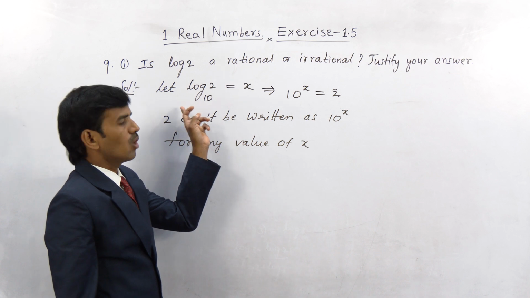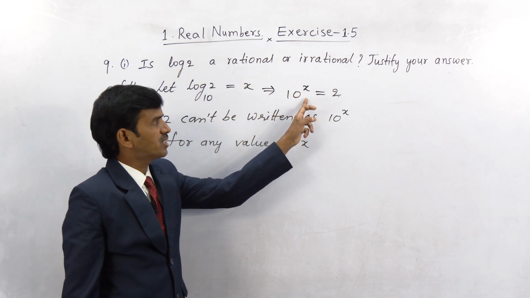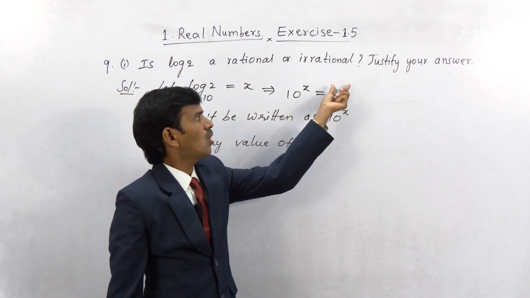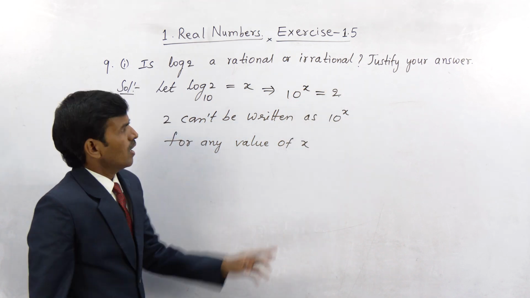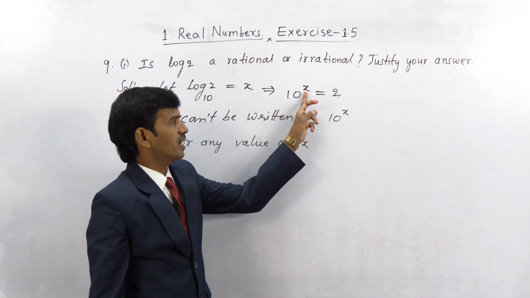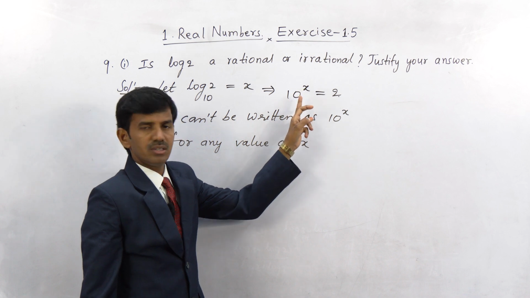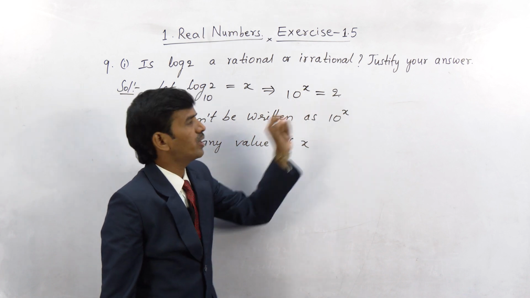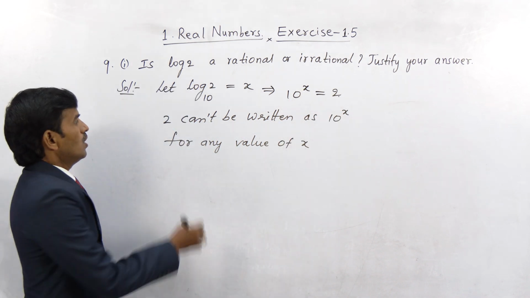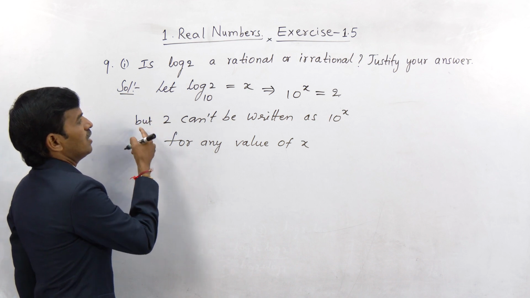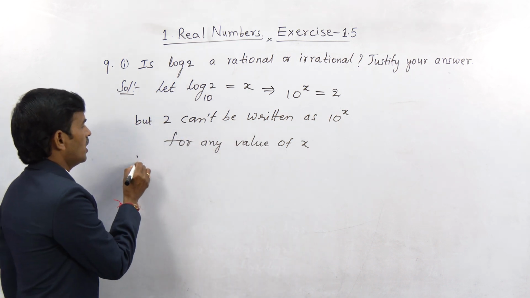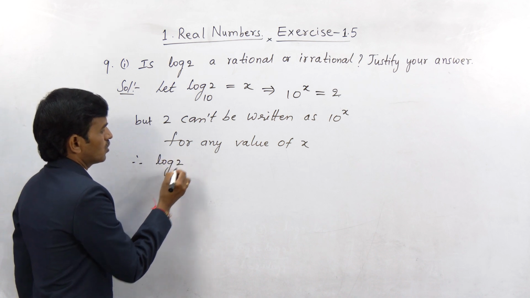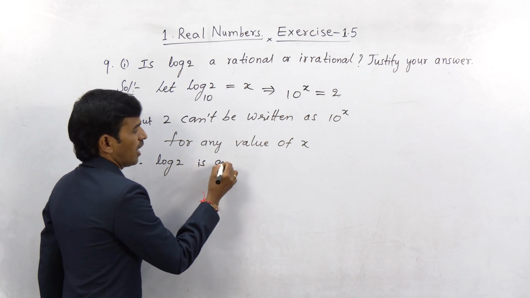Did you observe here? The logarithm value we converted into exponential. For what value of x, if you consider, does 10 power x become 2? Whatever the value of x you consider here, if you write 10 power x, does it lead to 2 here? No. So that is the reason 2 cannot be written as 10 power x for any value of x. So log 2 is irrational.